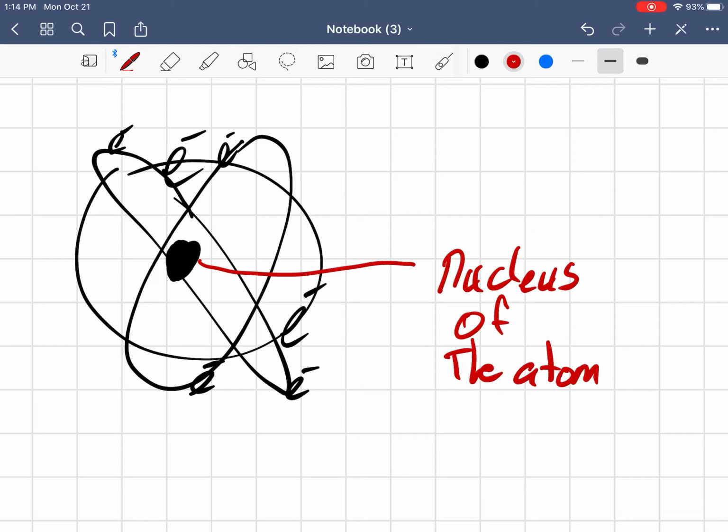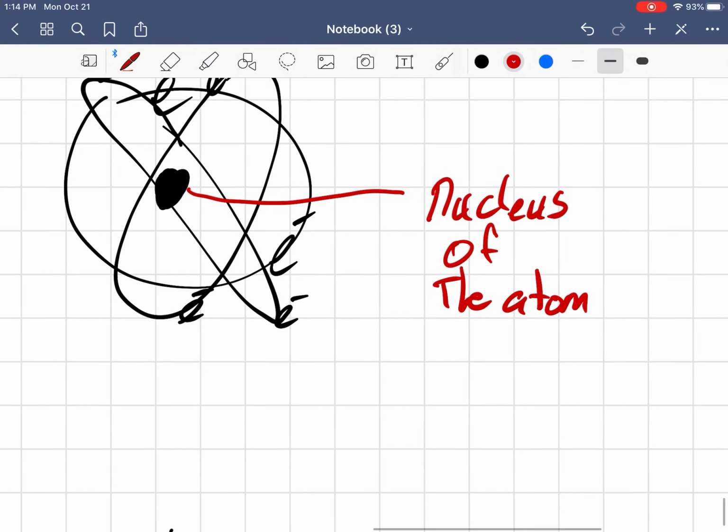Just like last year when you studied cells and it talked about the nucleus of the cell, which is where all the DNA and RNA is located, that important information for a cell, the nucleus, meaning the center, is where all of the mass is located. Within the nucleus of the atom is where we find protons and neutrons.